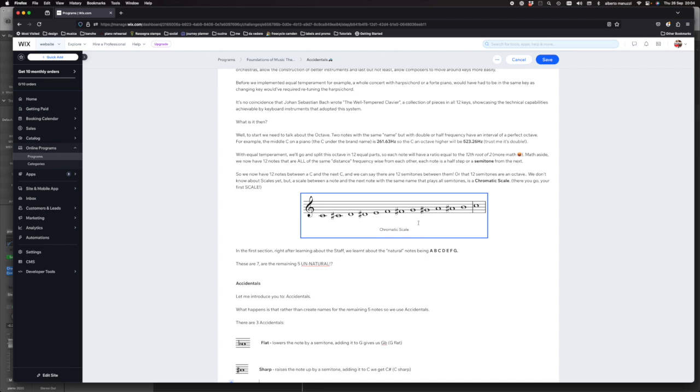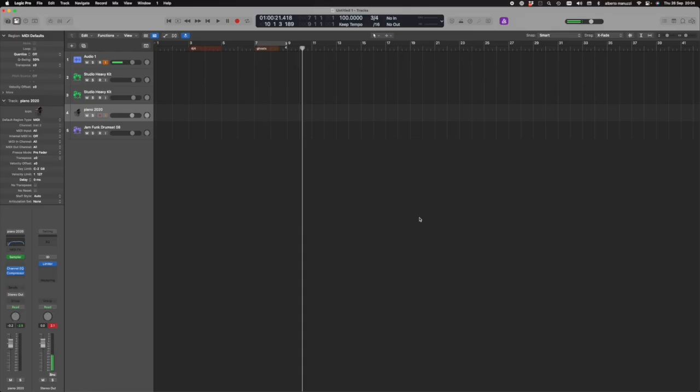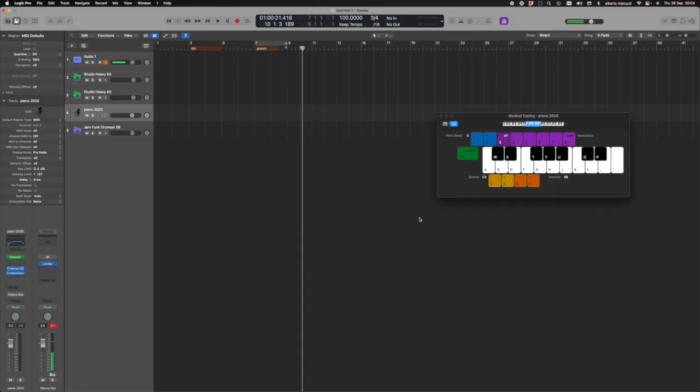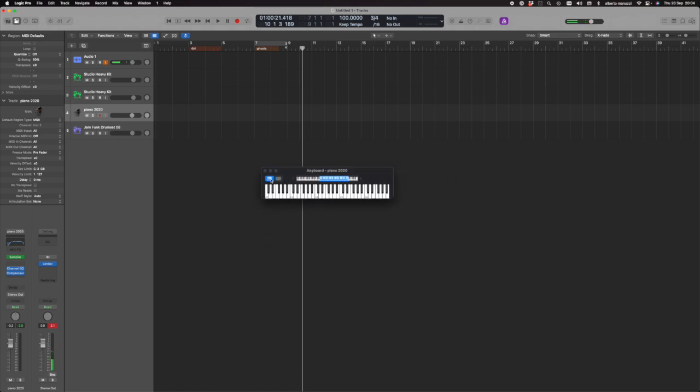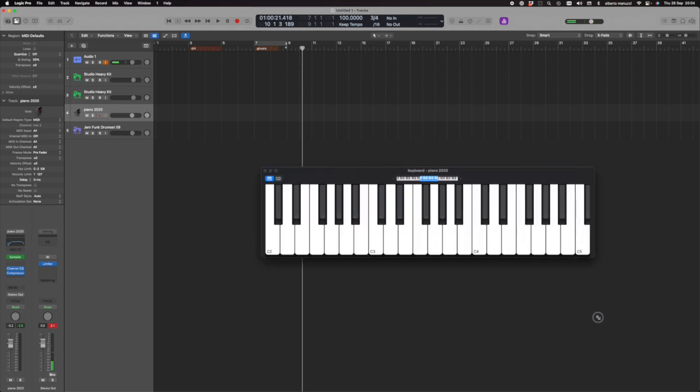Alrighty, so back to our piano example. Let's bring up a little piano. Now this is just for a musical typing purpose, but anyway.